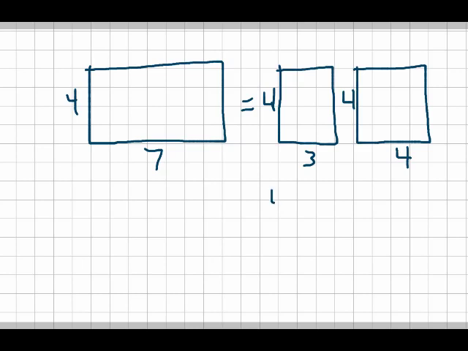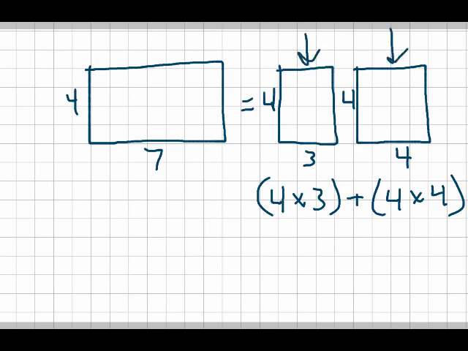I can take the area of this first rectangle and add it to the area of this second rectangle. So I can do 4 times 3 to get the area of this rectangle, 4 times 4 to get the area of this rectangle, and that would be 12 plus 16, which would still give me 28, right?